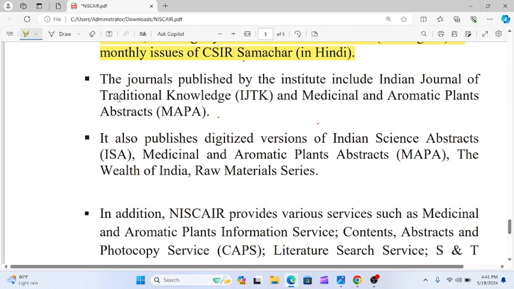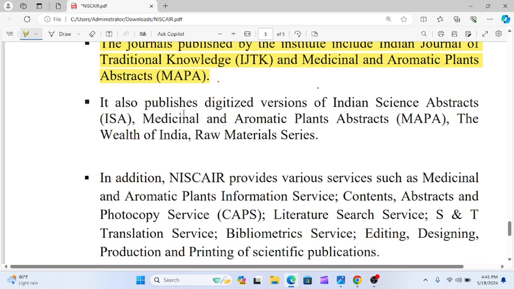The journals published by the institute include the Indian Journal of Traditional Knowledge and Medicinal and Aromatic Plants Abstracts, called MAPA. It has also published digitized versions of Indian Science Abstracts, Medicinal and Aromatic Plants Abstracts, and The Wealth of India raw material series.